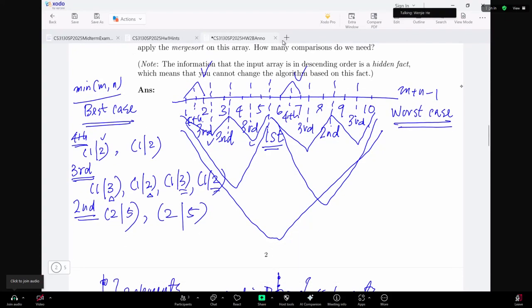Then the first round: this time 5 and 5. The minimum of these two numbers is 5, total number 10. Now let's calculate the total number of comparisons. This round, subtotal 1 plus 1 is 2.